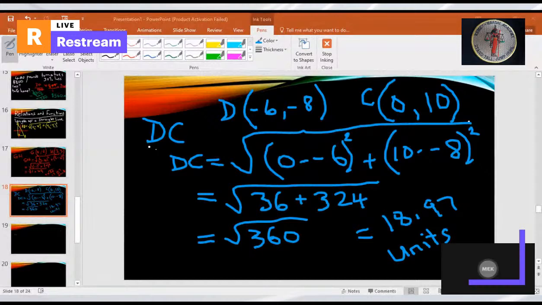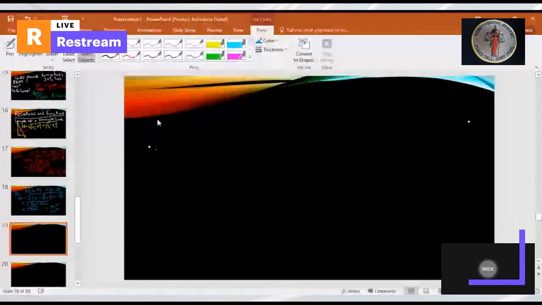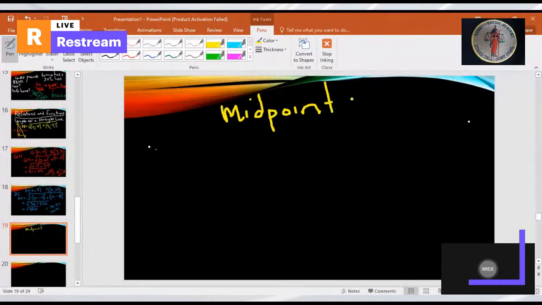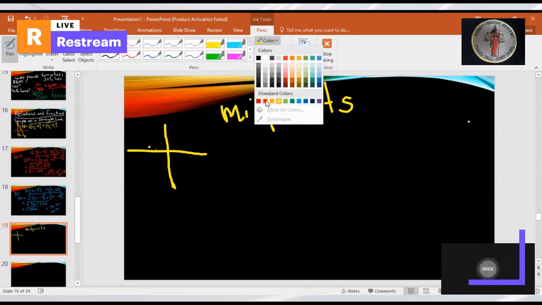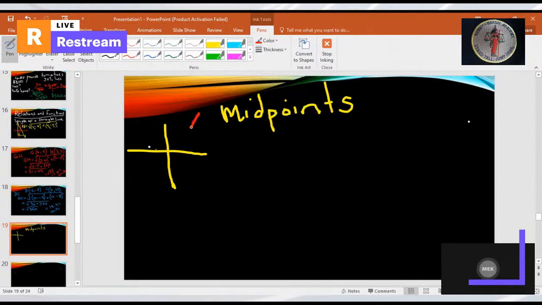So the midpoint of the line, as the name suggests, is halfway down the line. What we really want are the coordinates of the point: what is the x value and the y value of that point. So if we draw our Cartesian plane again, and if we had a line, the midpoint would be halfway down that line.